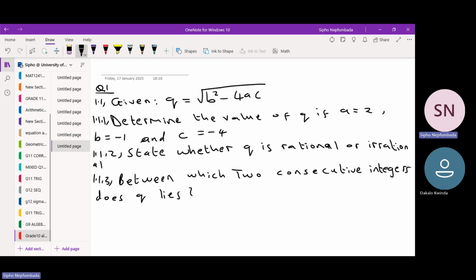In fact, does Q lie? We have got those kind of equations. So how do we answer those questions?